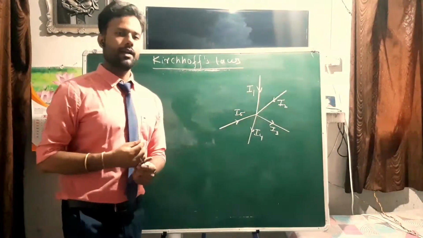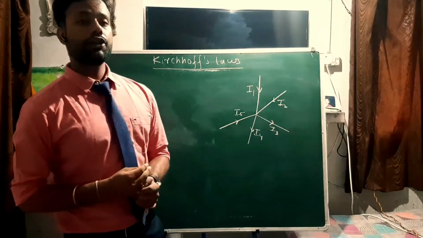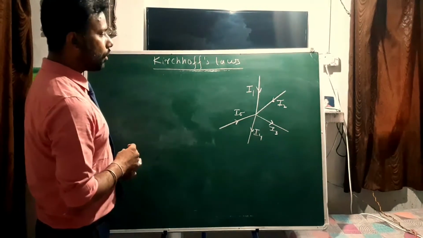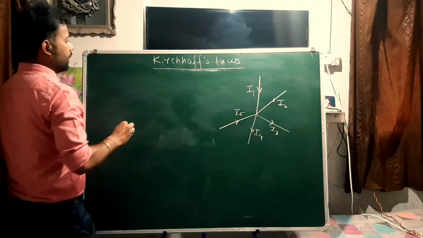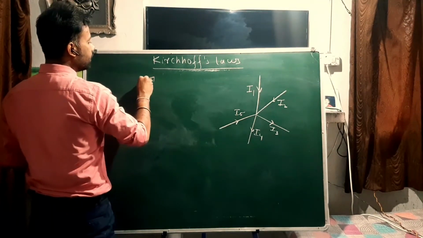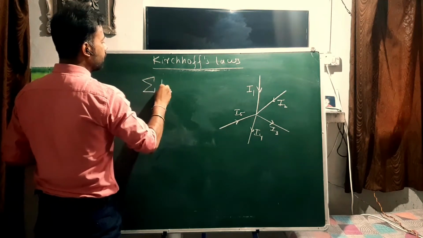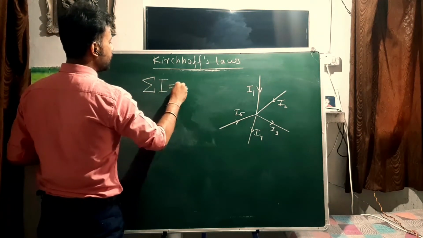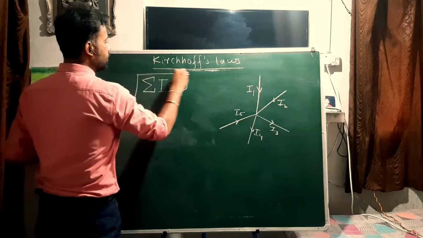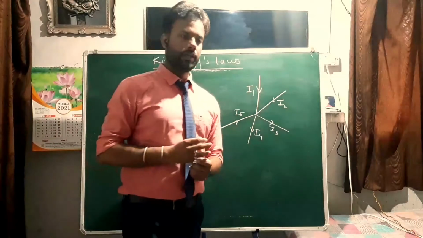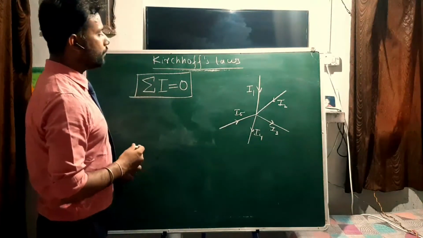You can have n number of currents leaving the junction or coming toward the junction. Now, according to the Kirchhoff law, we said that the summation, that means the algebraic sum of the currents meeting at any junction is 0. This is the mathematical statement, or equation, for the Kirchhoff law.